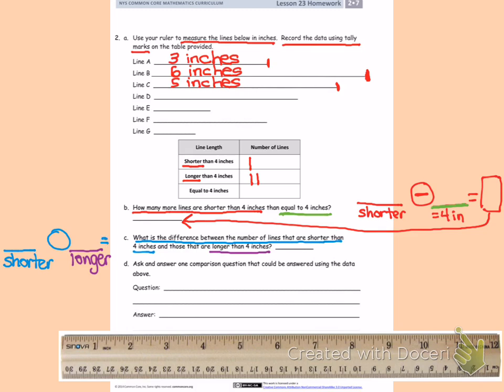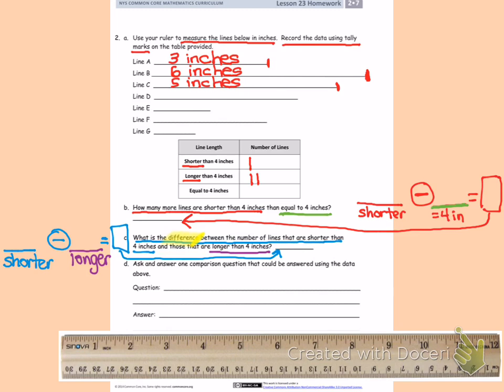And since we're comparing, or we are looking for the difference, that means we must subtract. So I'll put a subtraction sign there. The answer that goes in this box will go right on this line. Again, you must show your work so your teacher knows how you solved the problem.